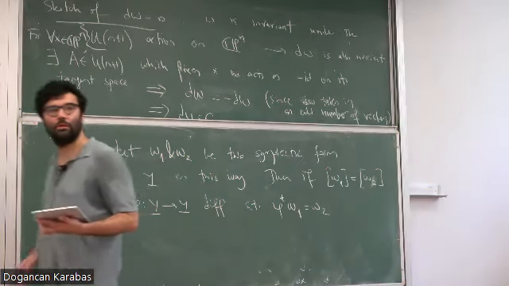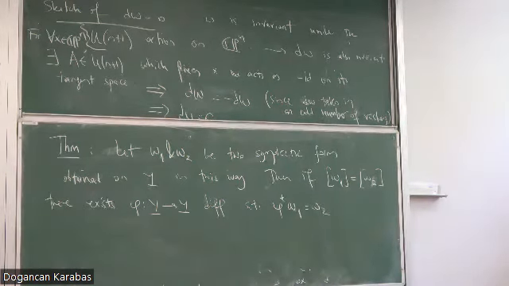The same statement. All I have to know in order to conclude the same thing is that they have the same cohomology class. So this theorem is actually easier than this theorem.